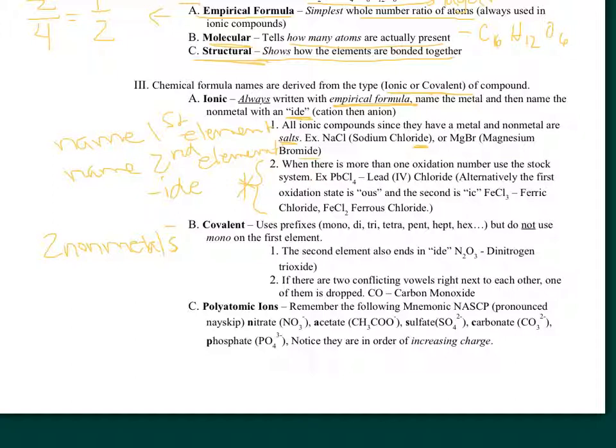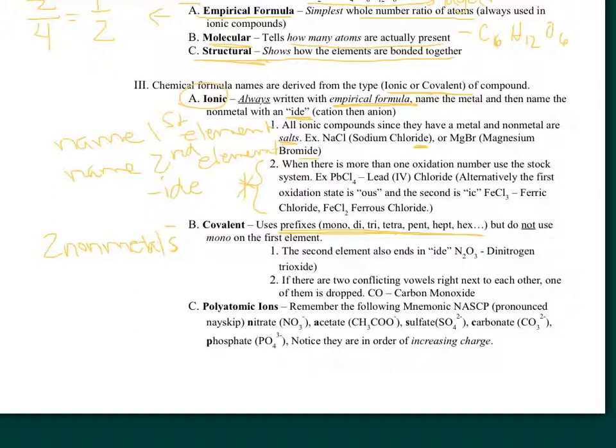Now, to show how many of each element you have, we use some prefixes. These prefixes are the ones we use to show how many atoms are in that particular formula. We do not do that with ionic compounds because there's only one way to form ionic compounds. So there's no need to put prefixes.